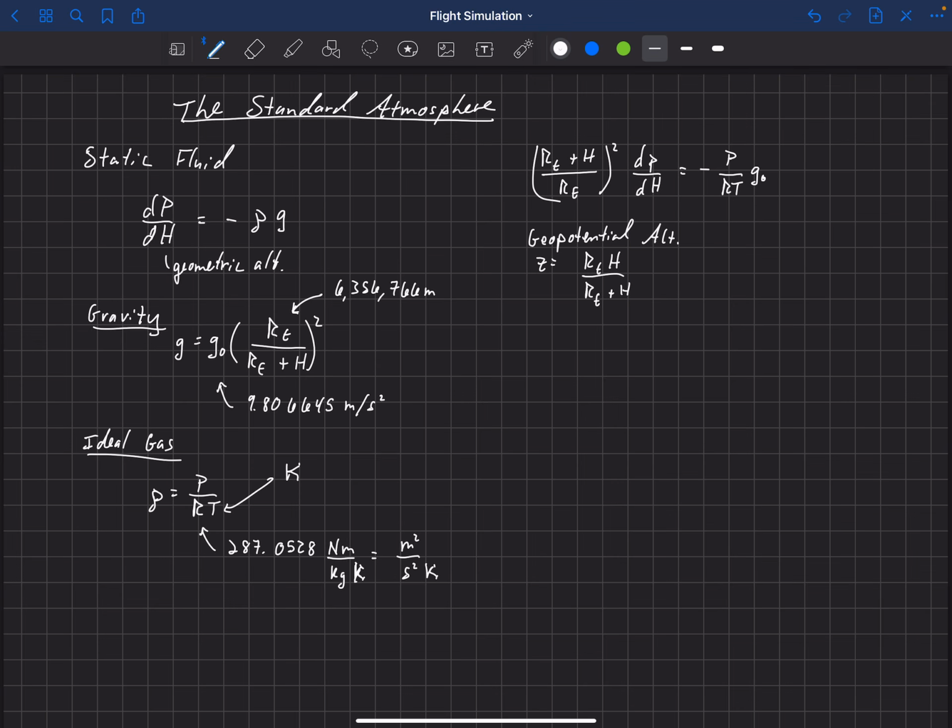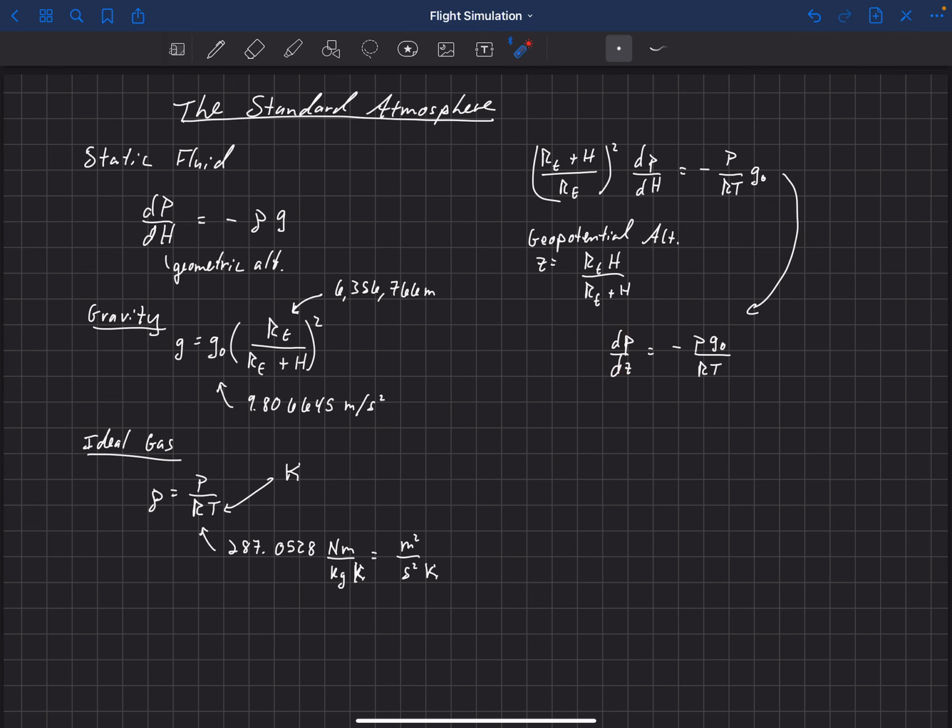You can simply plug this now into this differential equation and show that this differential equation, then once we plug that in, can be written as dp dz equals negative p g naught over RT. Okay, so the right hand side stays the same, and all we've done is changed this derivative over here. If you just plug this in, then you can rewrite that as just dp dz.